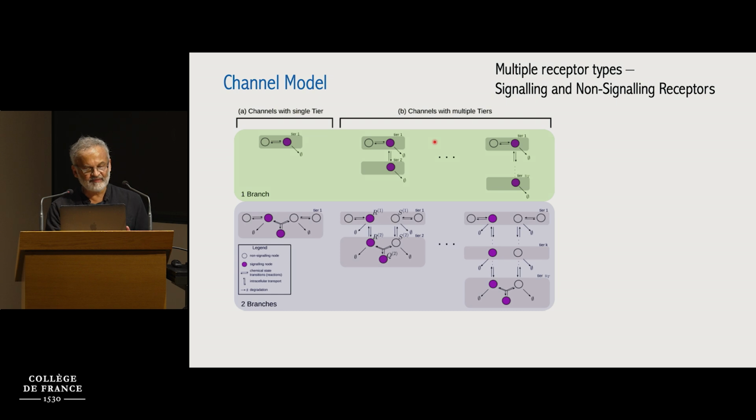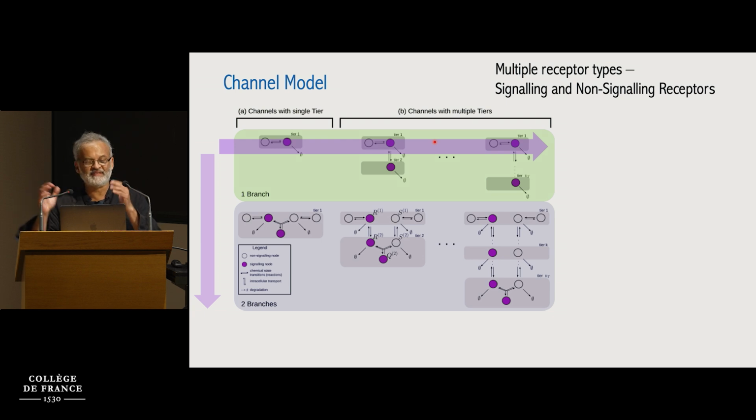These chemical reaction networks come with multiple topologies, and therefore parameters that describe the chemical reaction network. The number of internal processing levels in each cell is going to be described as tiers. The number of receptor types is going to be described as branches. So every cell is endowed with a chemical reaction network with n tiers and k branches.